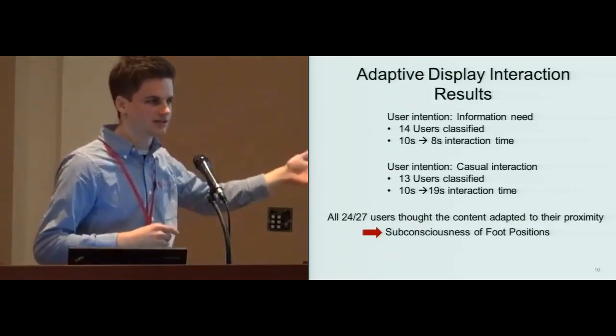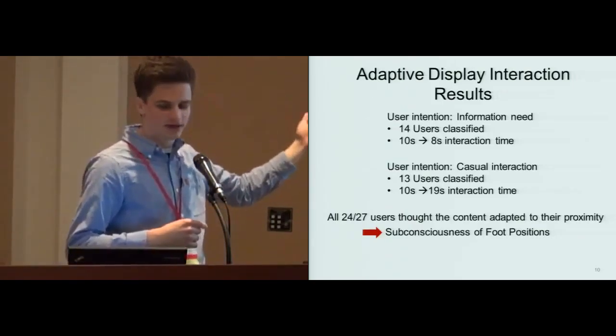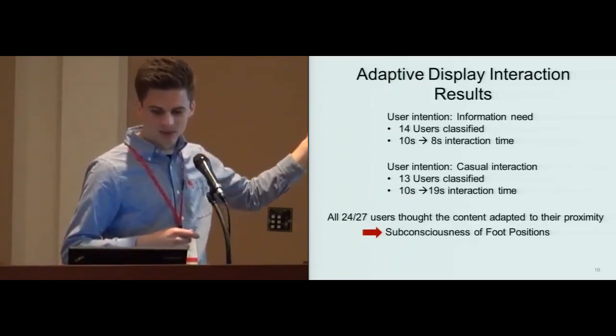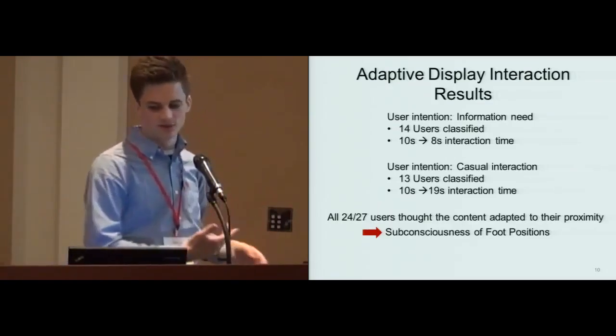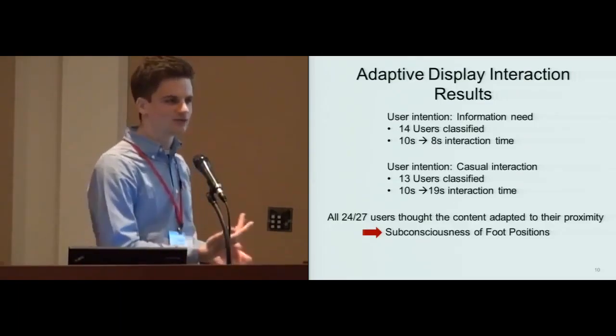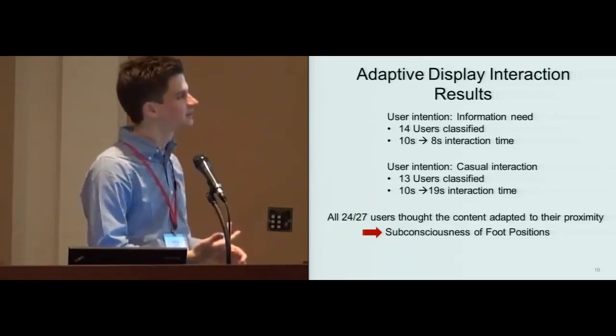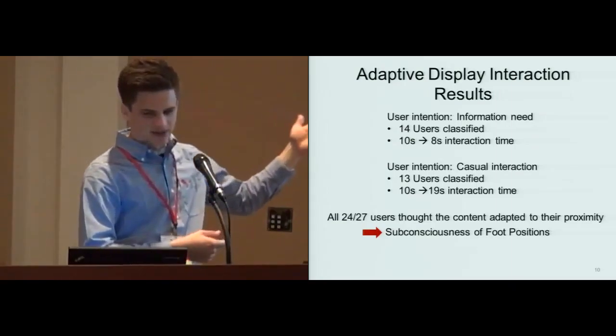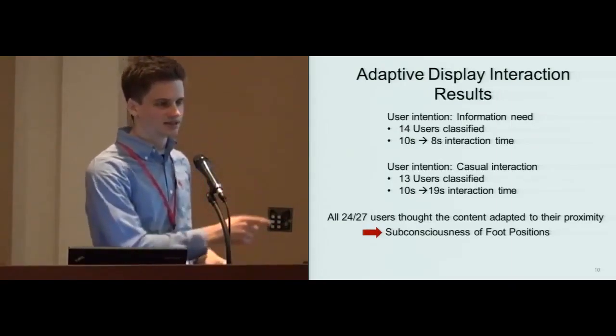So that suggests that the interaction was more efficient, and for people who are in urgent need of information or just passing by, such a system can be more useful than just a static touch interaction.